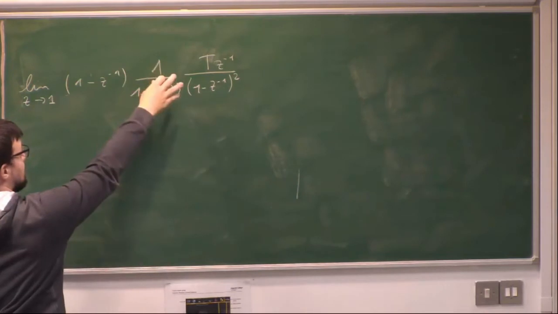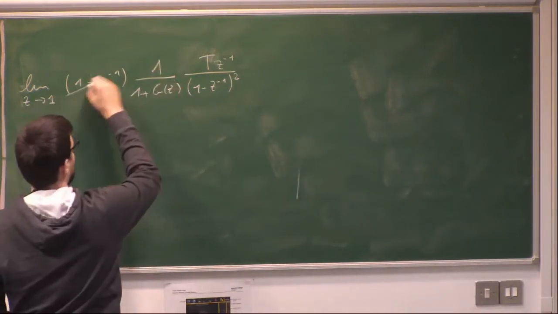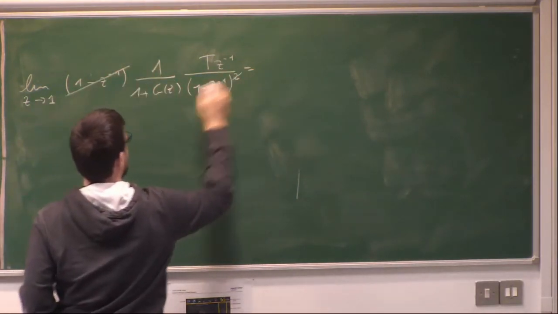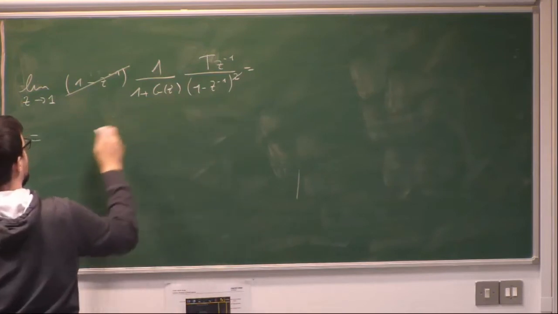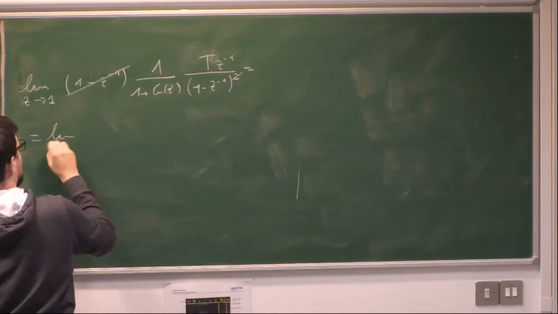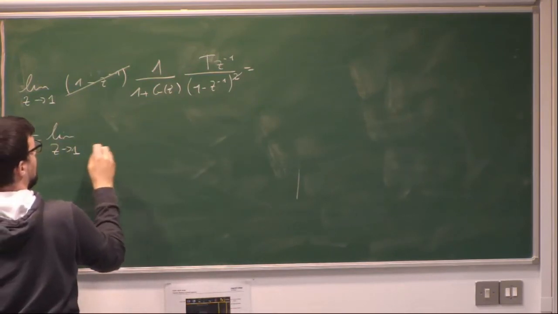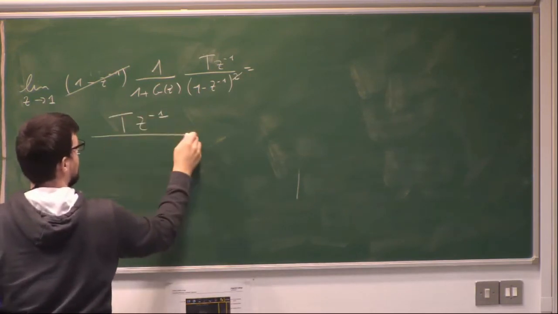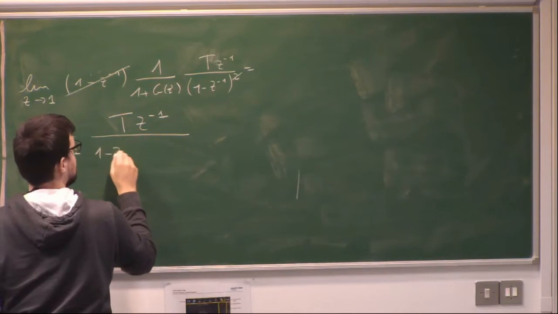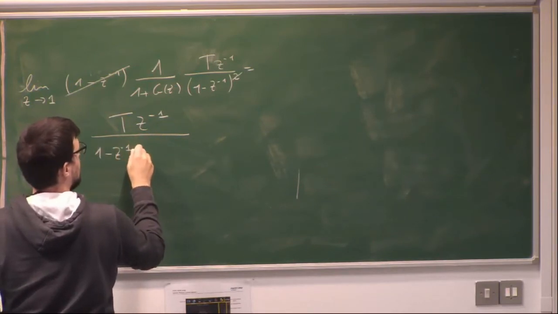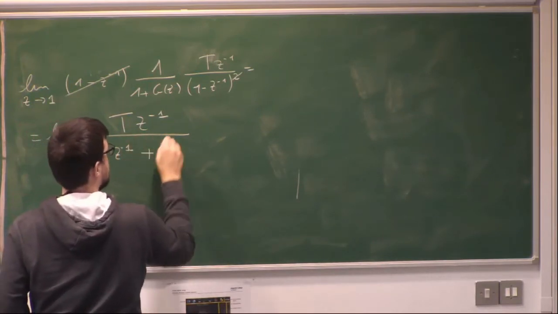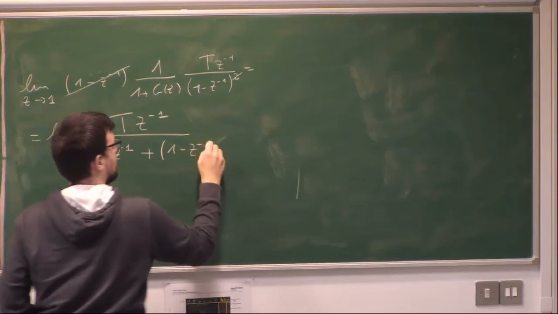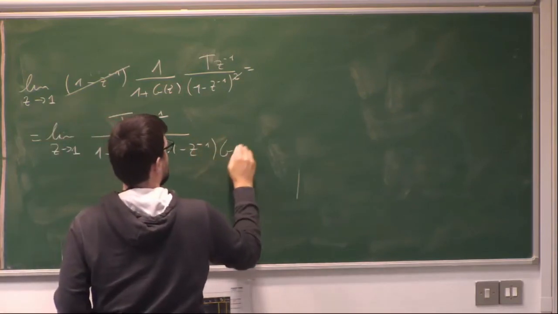So we are in this situation. First of all, we simplify this term and this term. Then we do this multiplication, so we have the limit as z goes to 1 of t z to the power minus 1, divided by 1 minus z to the power minus 1, plus 1 minus z to the power minus 1 times g of z.